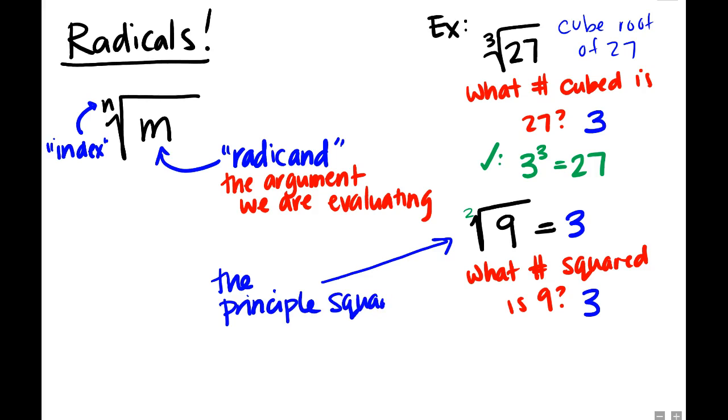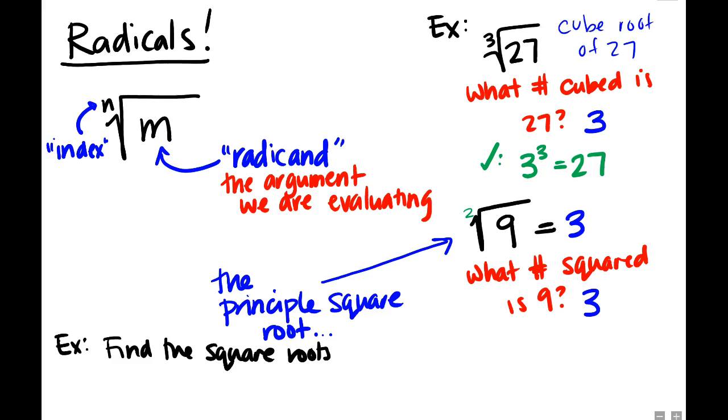And what this means is if I wrote this question, it would be very different. If I had an example where I just said, find the square roots of 25, there's actually 2 answers to this.